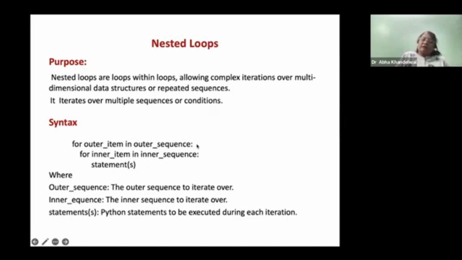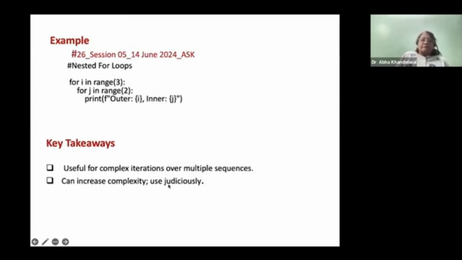Now it will go to the next item, and for that item, again these loops will be executed till the inner sequence reaches the end. And this is how it gets executed. So the outer sequence is the one to iterate over the inner sequence.